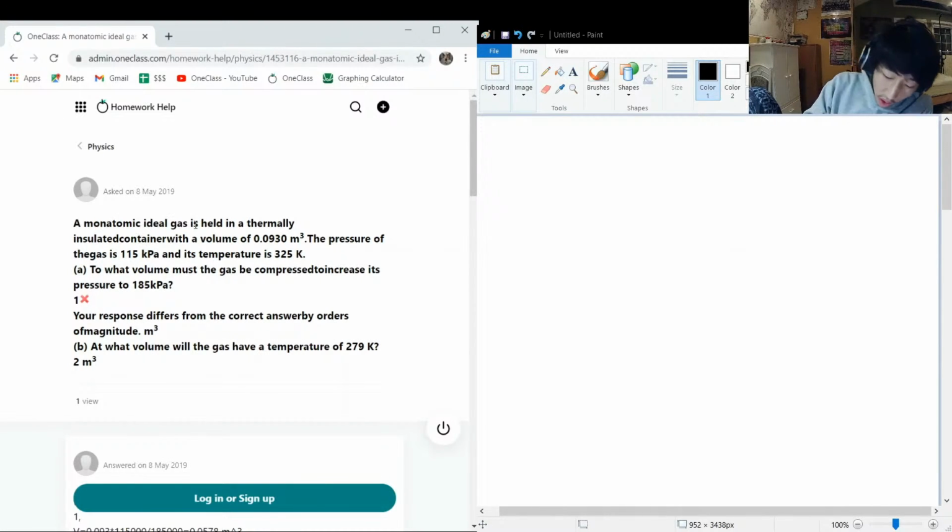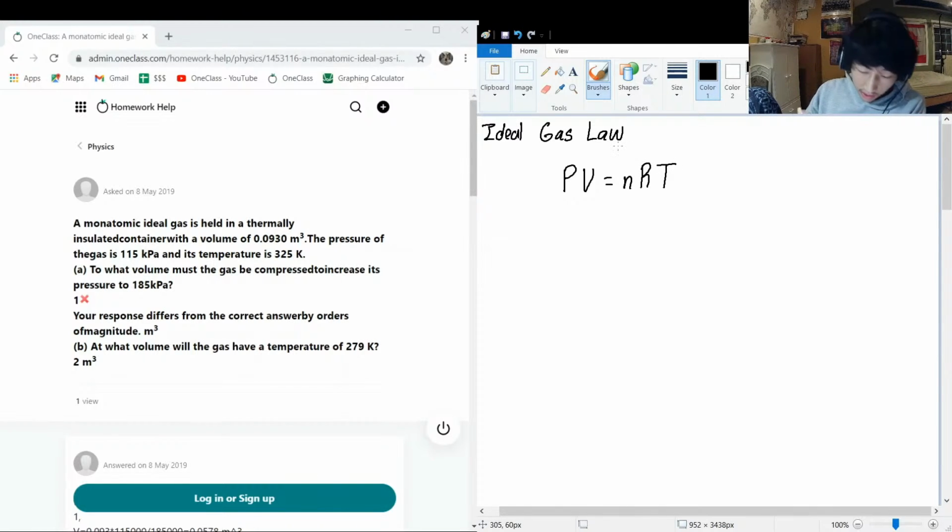And as we all know, our ideal gas law. Let's write that out. Is PV equals nRT. Okay, P is going to be pressure. V is volume.